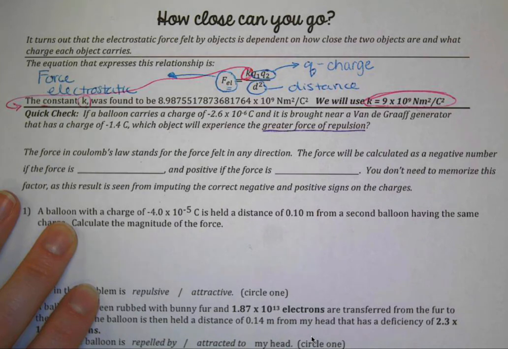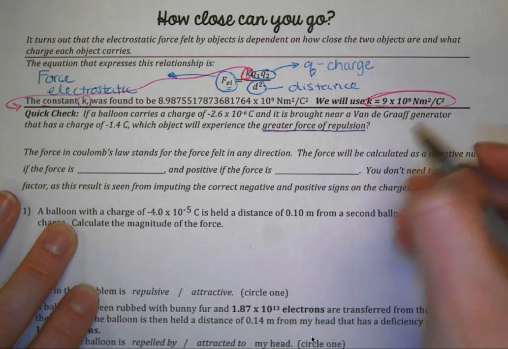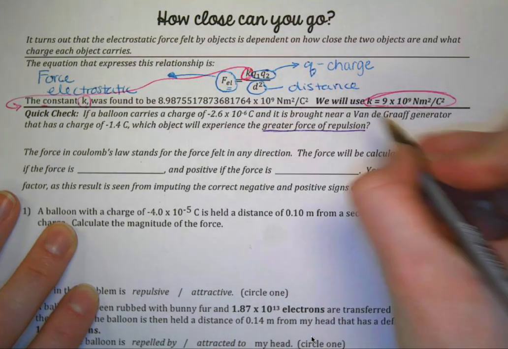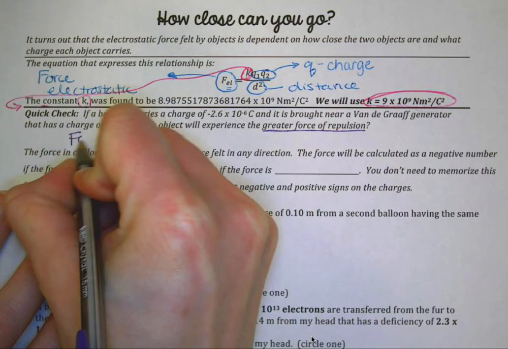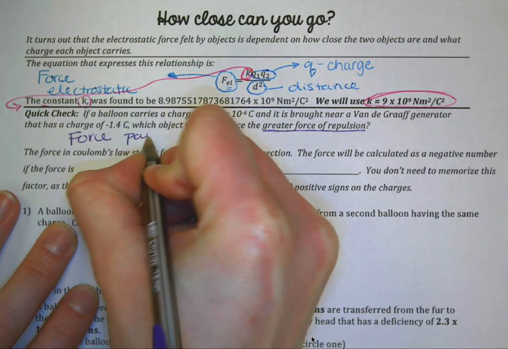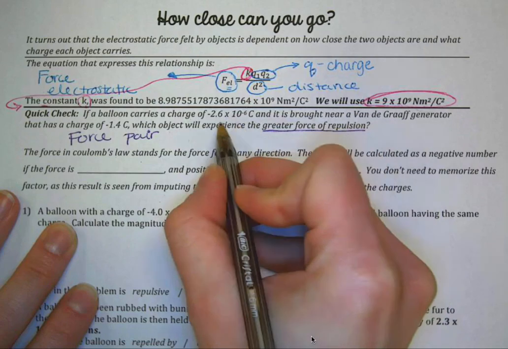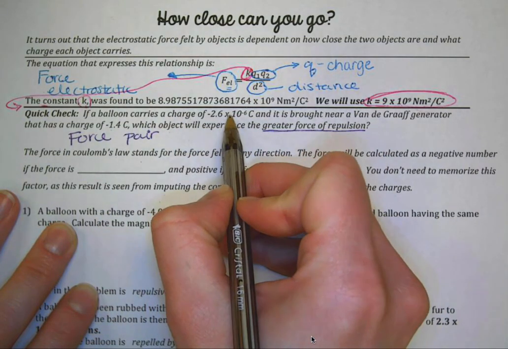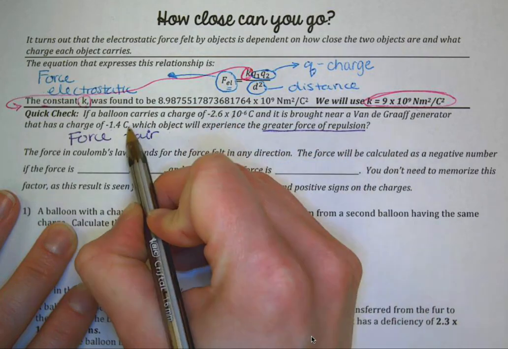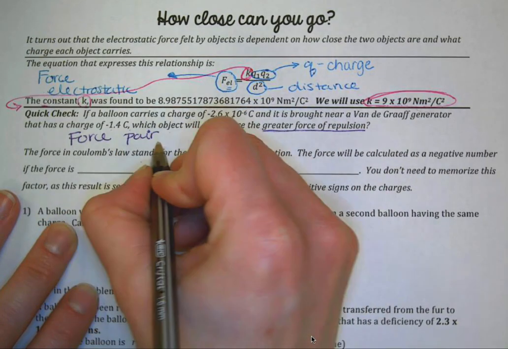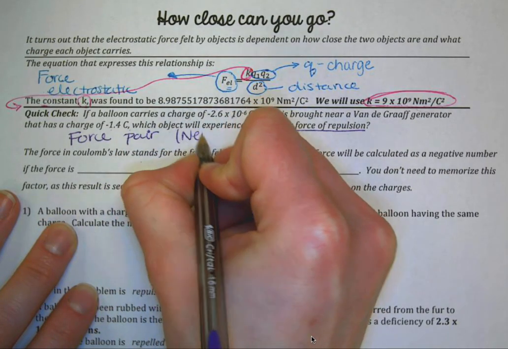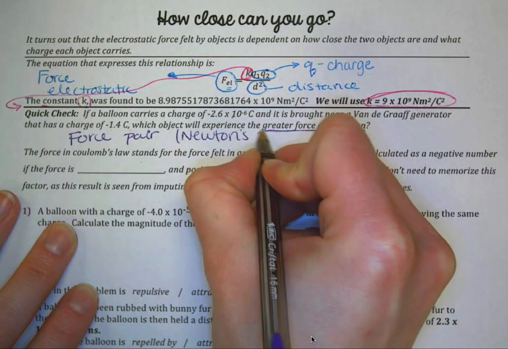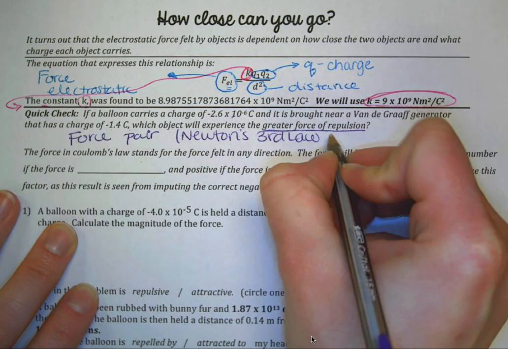What we can remember from our unit earlier with forces is that these two objects are a force pair: the force on the Van de Graaff by the balloon, and the force on the balloon by the Van de Graaff. That is what we call the Newton's third law pair.